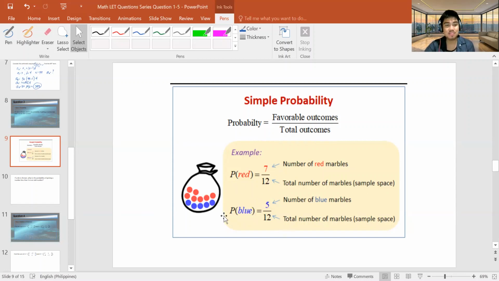And the same with blue: we have 5 blue divided by 12, so 5 over 12 chance that we get blue. What is the probability of getting a yellow marble? It's 0 over 12 since there are no yellow marbles. That means no matter what you do, you cannot get a yellow marble, so the probability is 0.